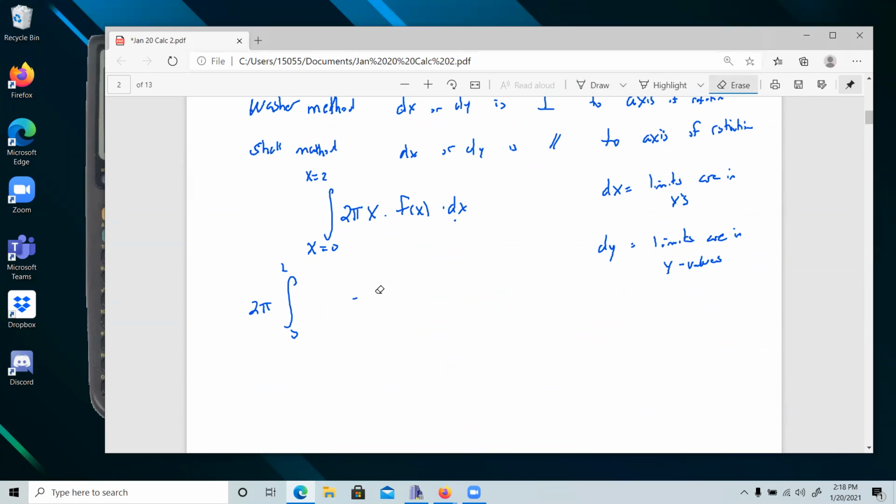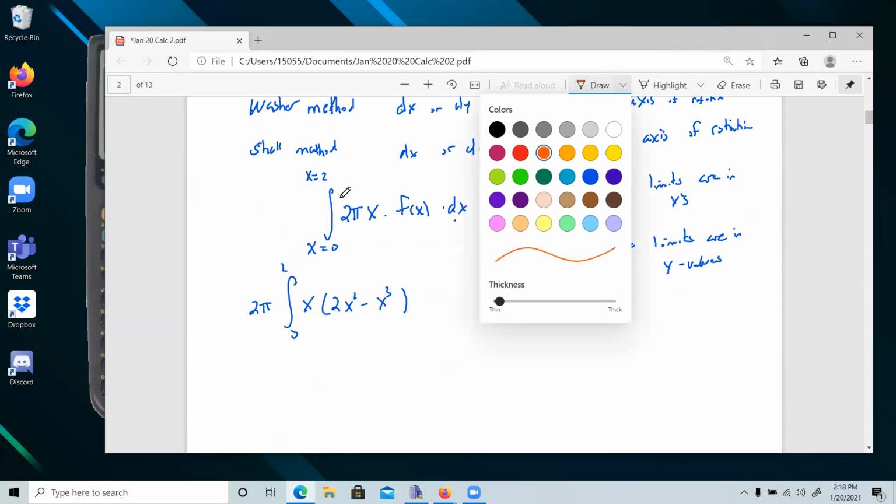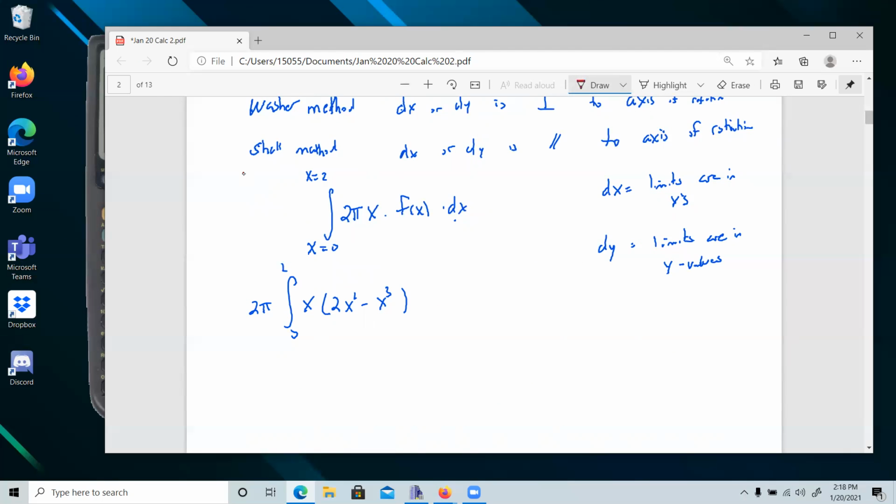All right. So this was x times 2x squared minus x cubed. So again, we still have the circumference here, and here is the height.